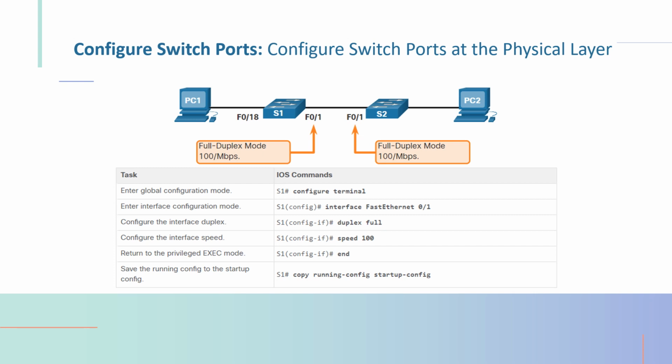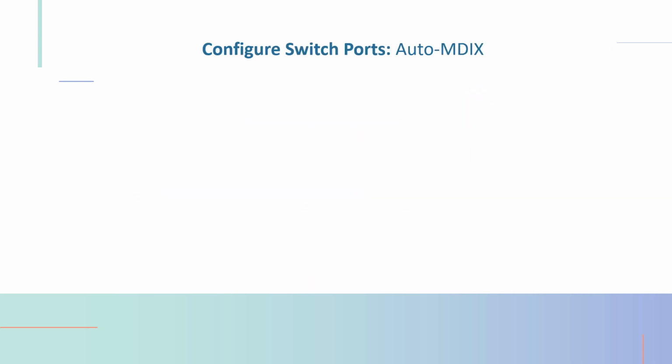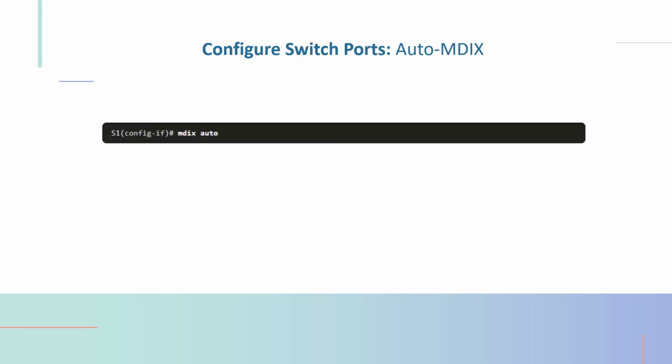With Auto-MDIX enabled, either type of cable can be used to connect to other devices, and the interface automatically adjusts to communicate successfully. We use the command mdix in the interface configuration mode to enable this feature, and it is shown in this slide.